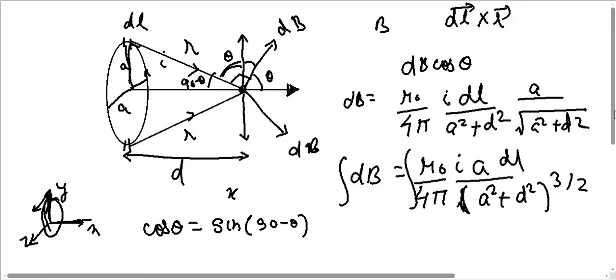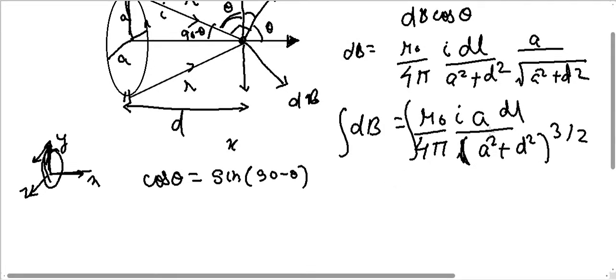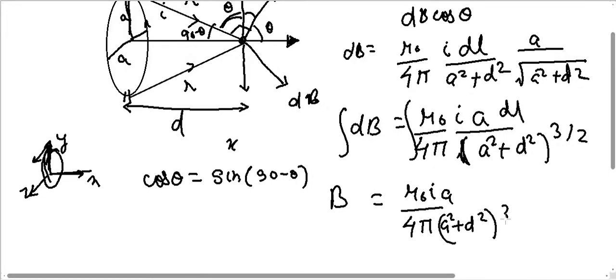I will take all the constants out of this integration. Radius is same for the circular loop, I am not changing the radius. I am also not changing the point where I am finding the field, so d is same. So this will become B is equal to mu naught I a by 4 pi times a squared plus d squared to the power 3 by 2, integration of dl. All these constants are taken out of the integration.